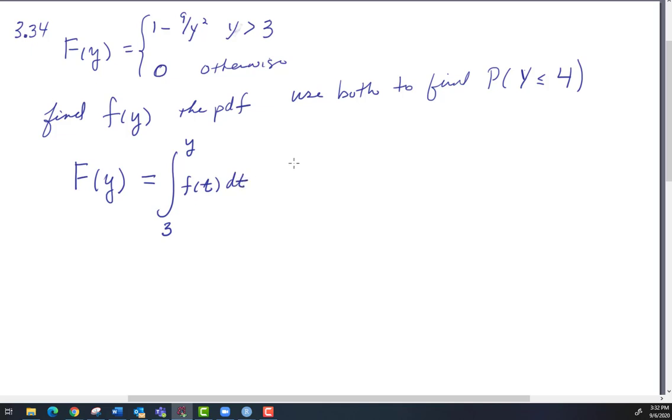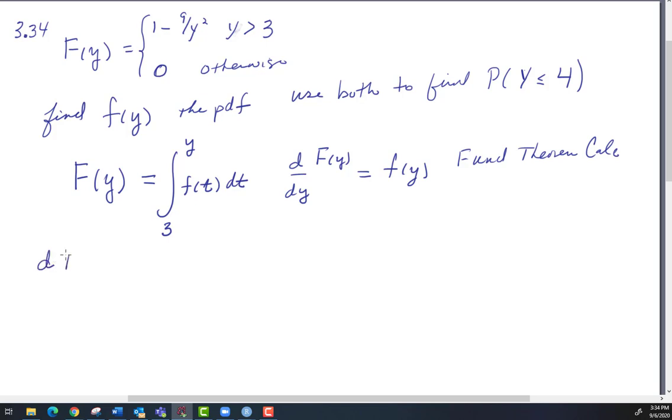And so the derivative of F of y dy would be equal to f of y, by the fundamental theorem of calculus.